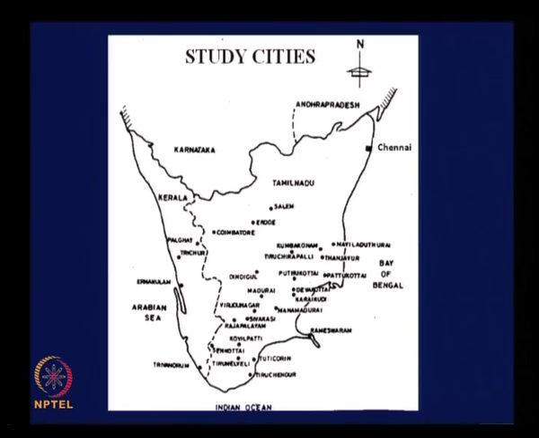In total, travel from Chennai to 26 other cities spread in 2 states were considered for calibrating a binary choice modal split model as a simple linear regression equation.